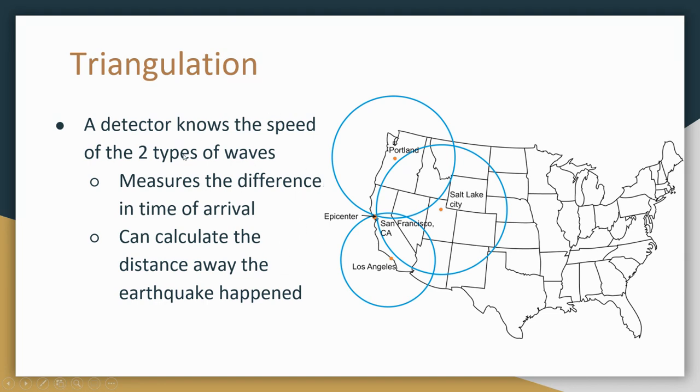You use the speed of the wave that travels through rock to measure the difference in time of arrival, and that gives us our location. So that's how scientists measure where earthquakes actually happen.